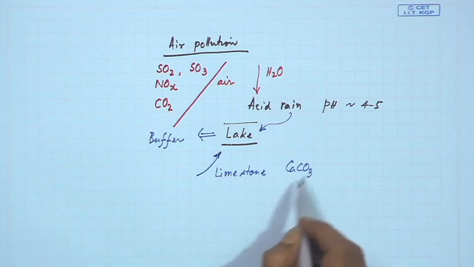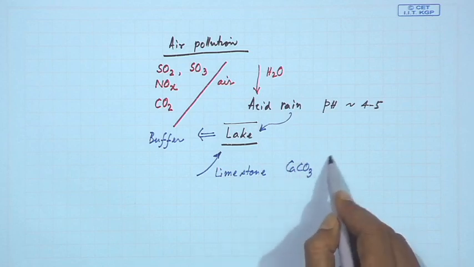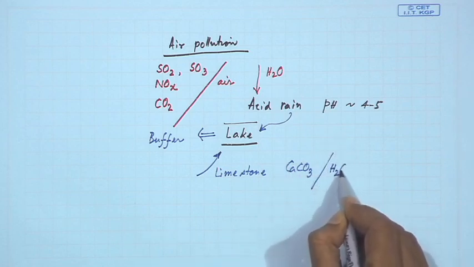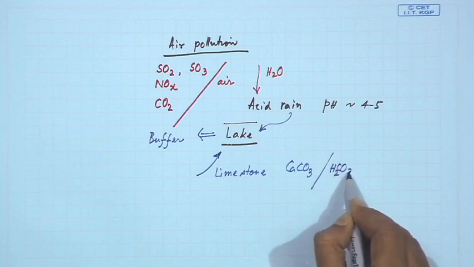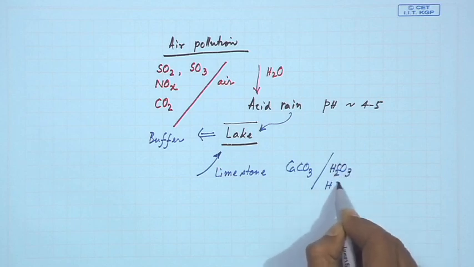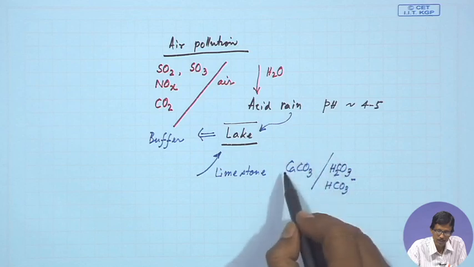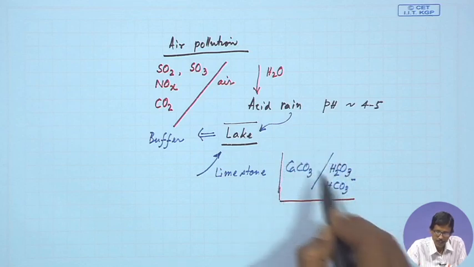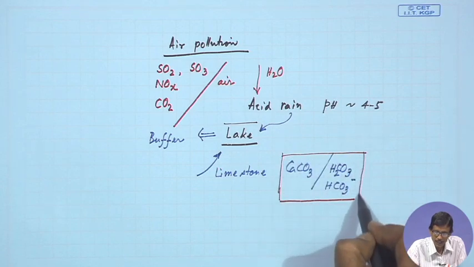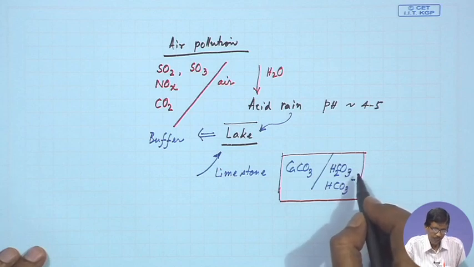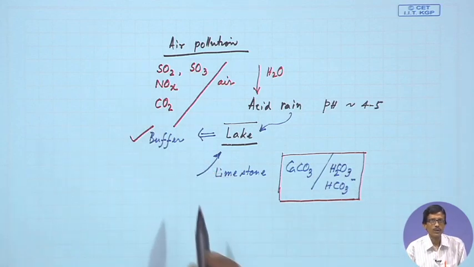If we have calcium carbonate in the presence of an acid like carbonic acid H2CO3 or HCO3 minus, these are the things, that means you have the salt and the corresponding acid. This combination of calcium carbonate and its corresponding acid and acid anions can give rise to a buffered condition.